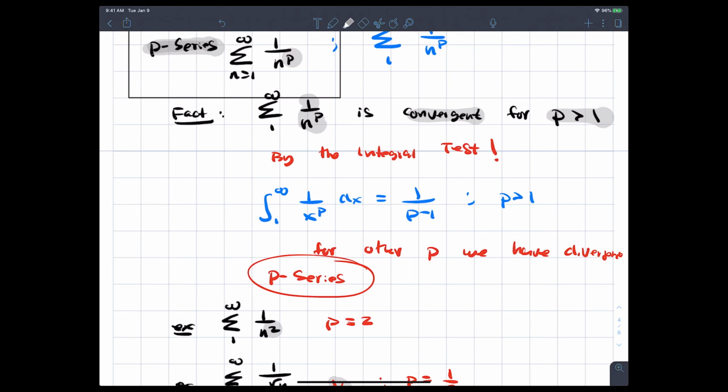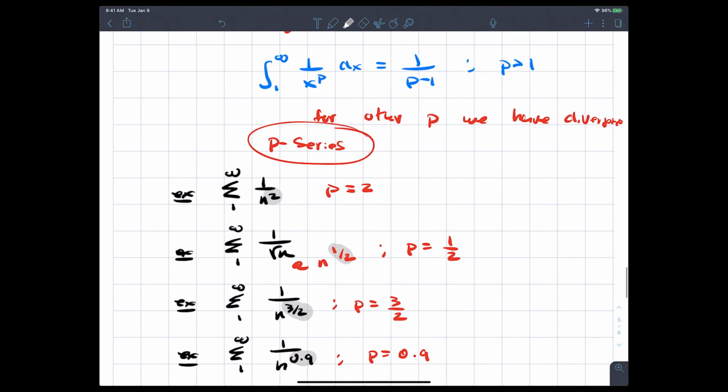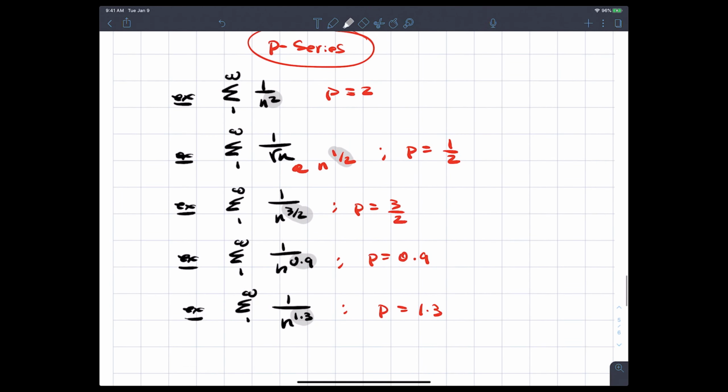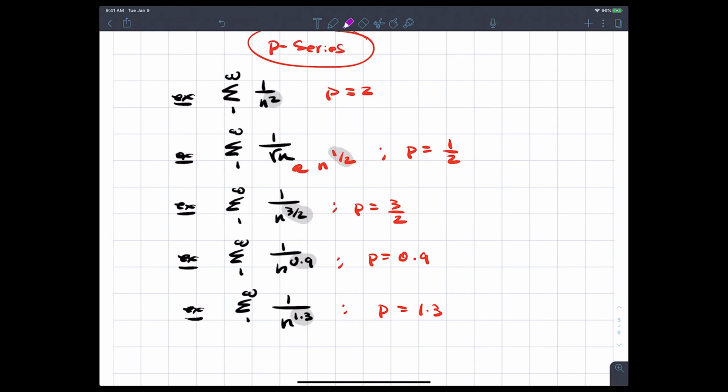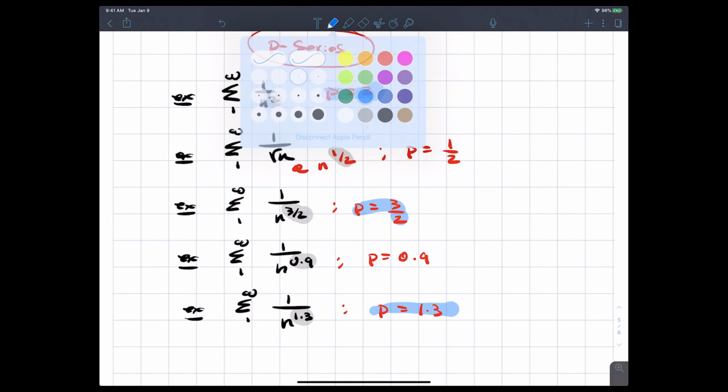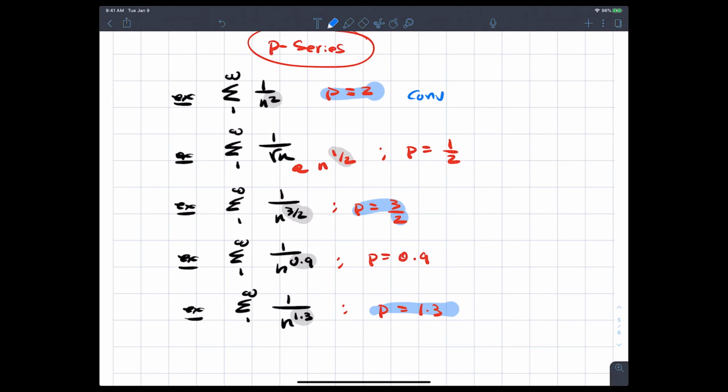So you have to know what's bigger than 1. Okay, what's larger than 1? What's larger than 1, ladies and gentlemen, is right here. And let's actually color it purple, I guess, or maybe color it blue. Larger than 1. Okay. Good. Larger than 1. What that means here is that this P series converges.